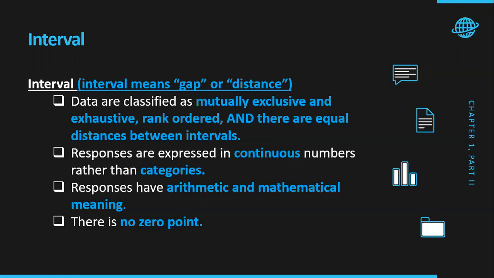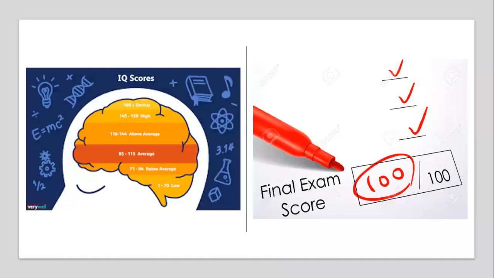At the interval level of measurement, responses are expressed in continuous numbers rather than categories. Responses at this level also have arithmetic and mathematical meaning. However, there is no 0 point. A couple of examples of this would be IQ score and final exam score. We know that one's IQ cannot be 0.